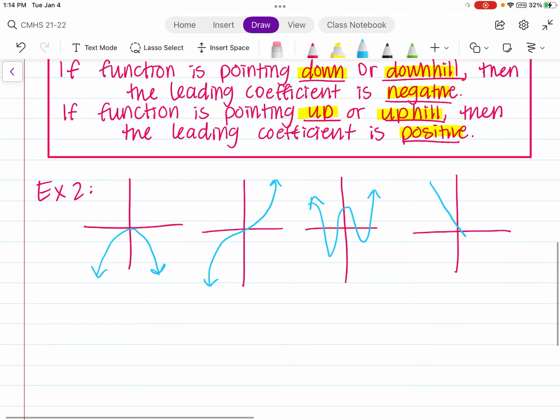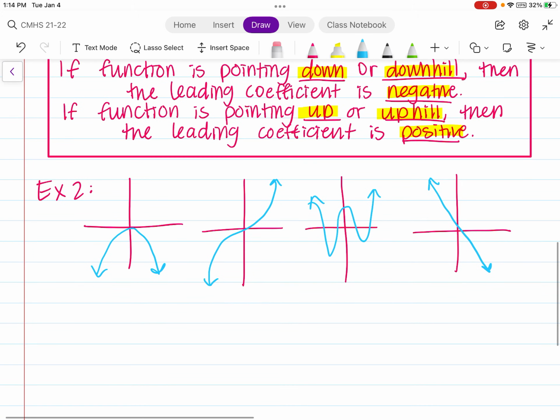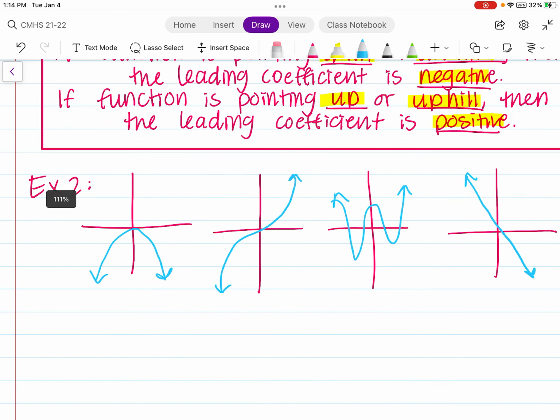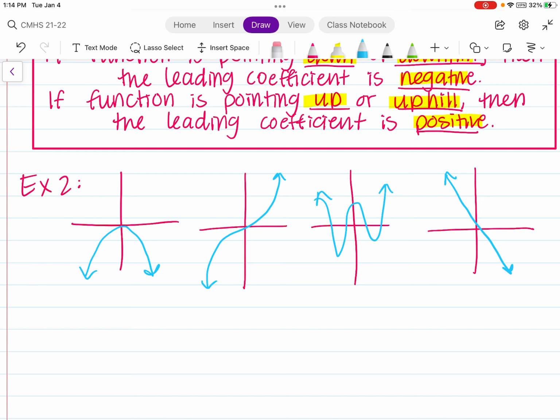And then a line like this. So first one's easy. Is that pointing down, going downhill, going up, going uphill? It is pointing down. So that means the leading coefficient is negative.